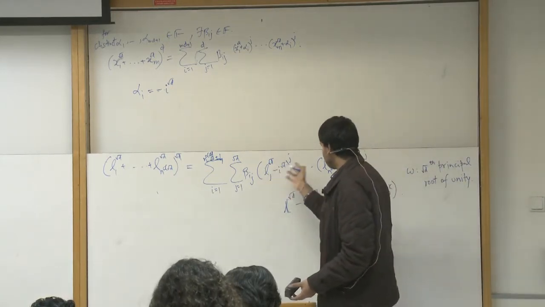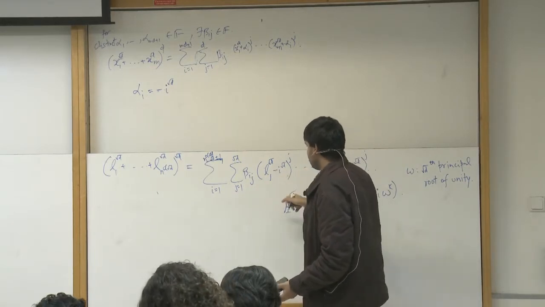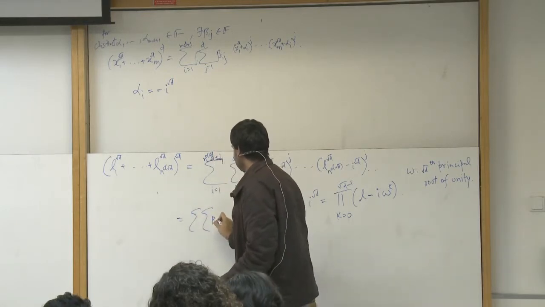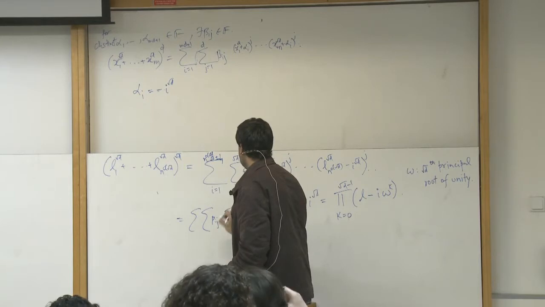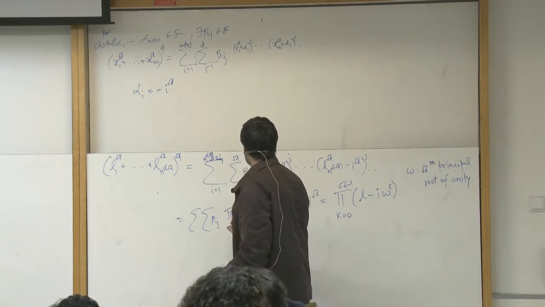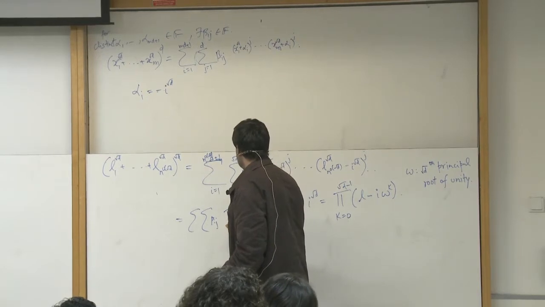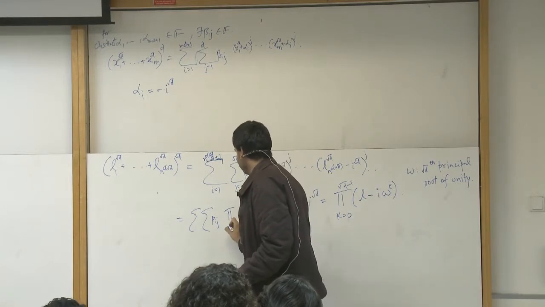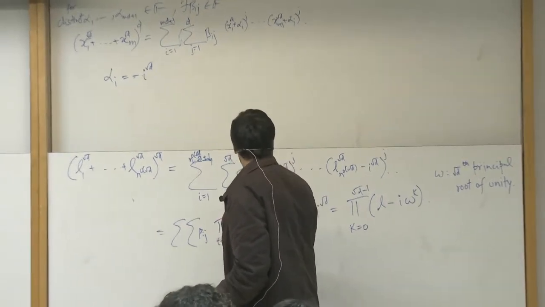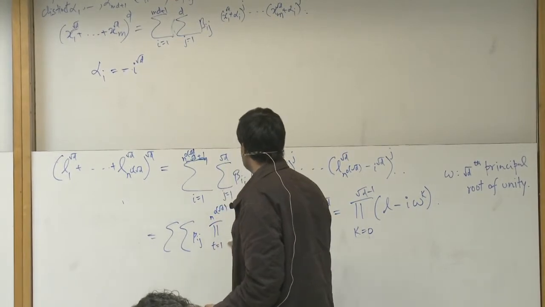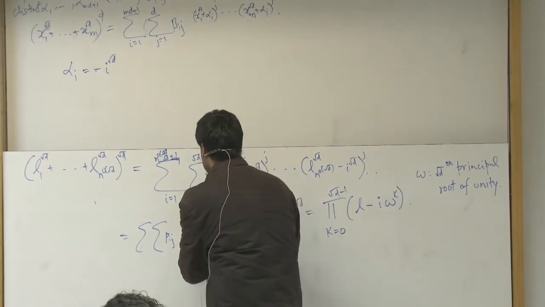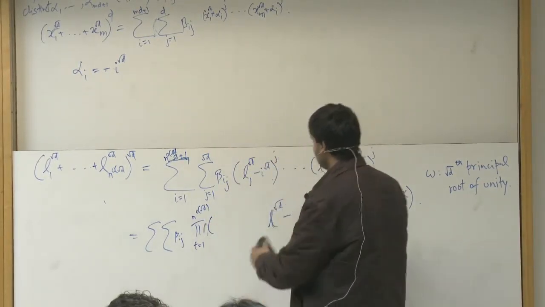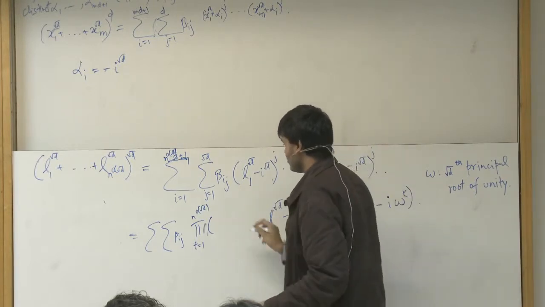So now this can be further written as the same summation of beta ij, and here you have a product of 2n to the order root d terms. I'm just writing this product in a more compact form so that I can replace each of them this way.